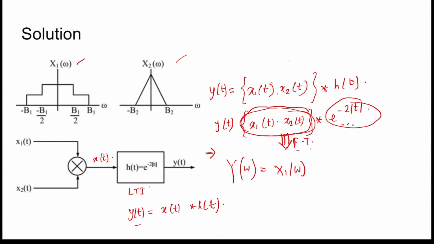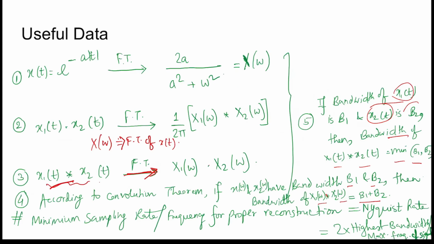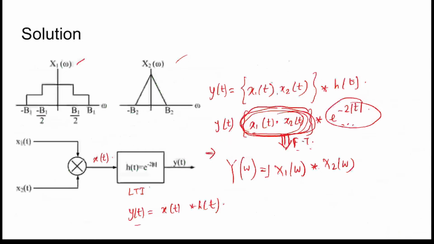The time domain signals x1 and x2 are multiplied together, so multiplication will become convolution along with a 1 by 2 pi sign, as per property 2.